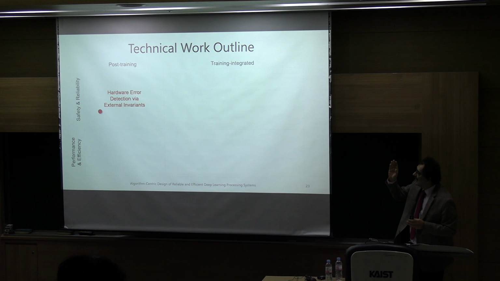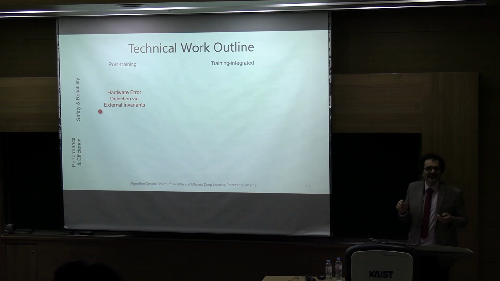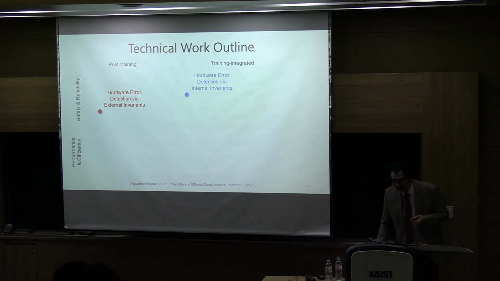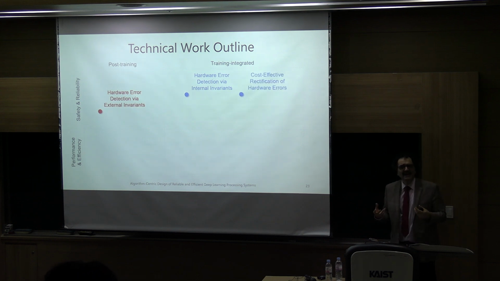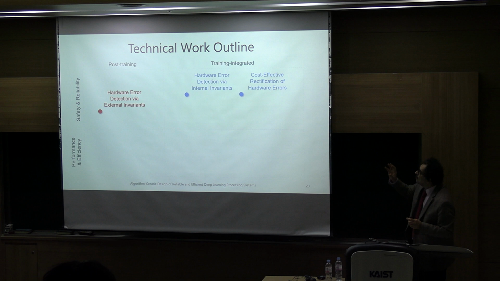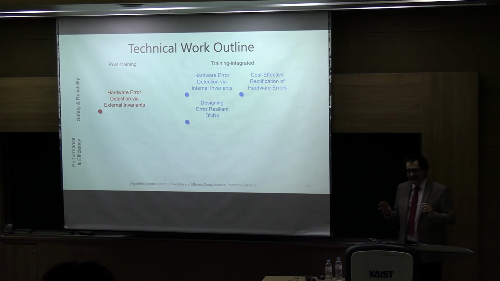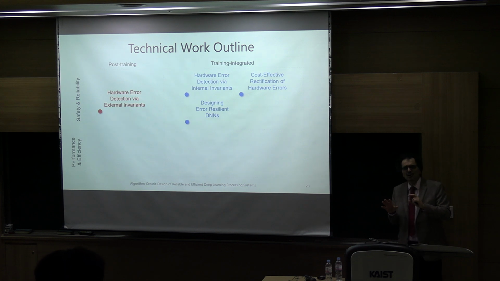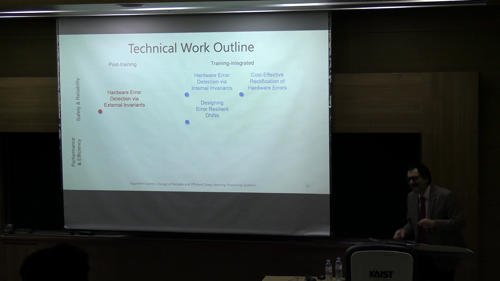Now, post-training reliability. So what we're going to talk about is hardware error detection via external invariants. And then in terms of training integrated, a couple of different approaches over here. Hardware error detection through embedded internal invariants. And then those will be a little bit extended to do cost-effective rectification of hardware errors. And then we're going to change our perspective in terms of reliability to a proactive method.